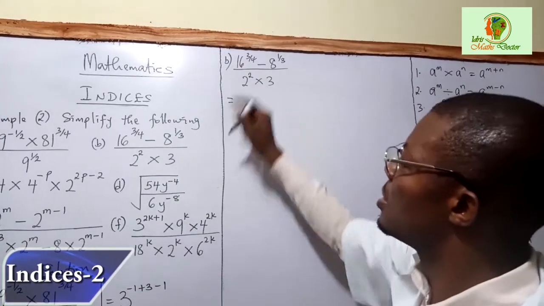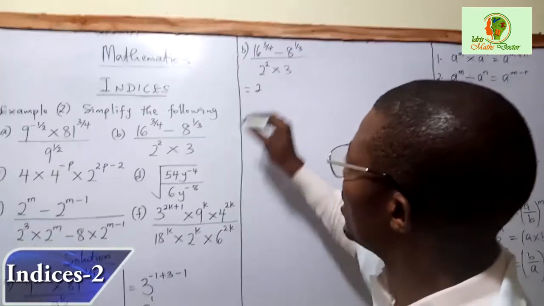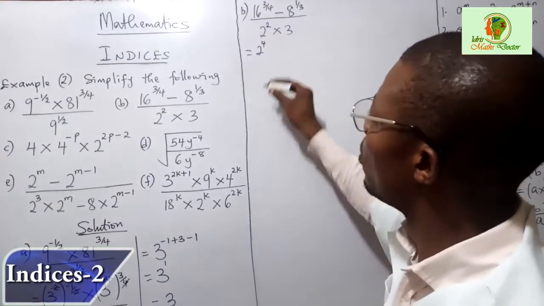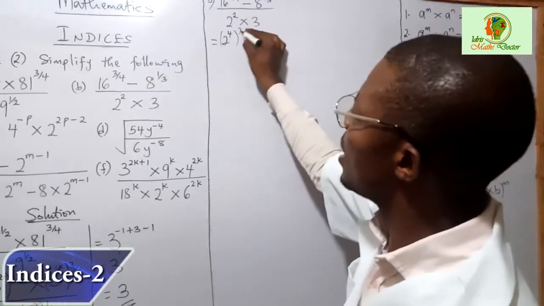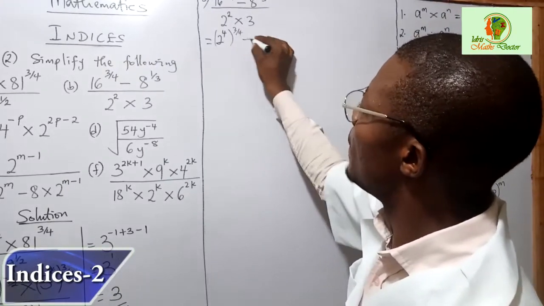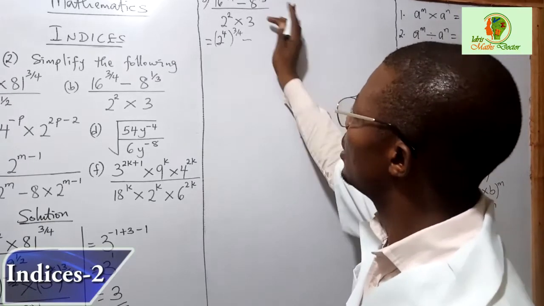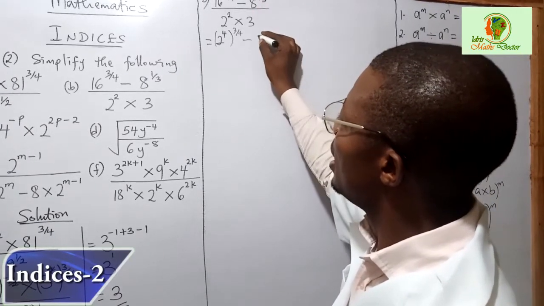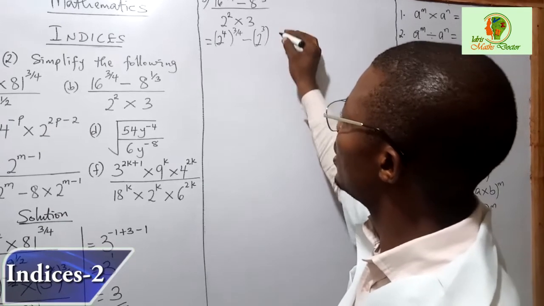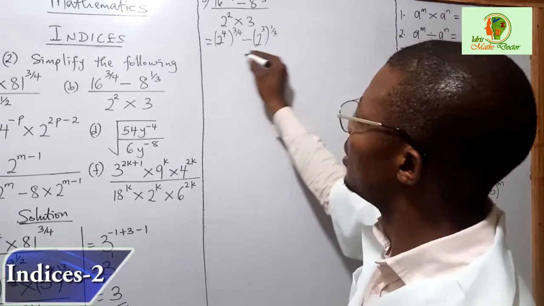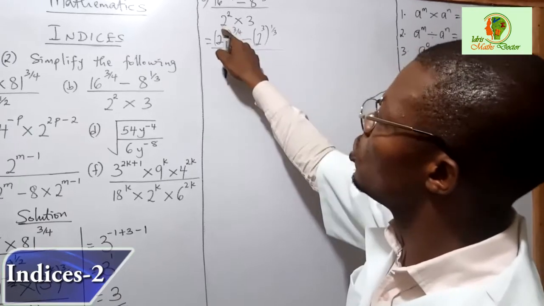The 16 can be expressed as 2 raised to power 4. So 2 raised to power 4 is 16, raised to power 3 over 4, minus, this 3 is telling us that we can change this to index form as well. So 2 raised to power 3, raised to power 1 over 3, all over 2 raised to power 2 is 4.